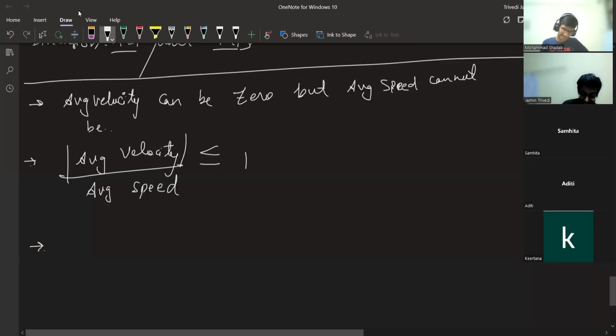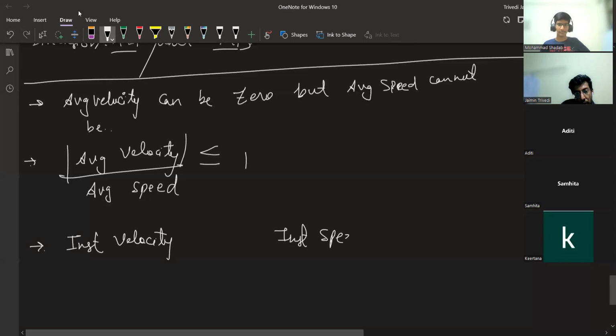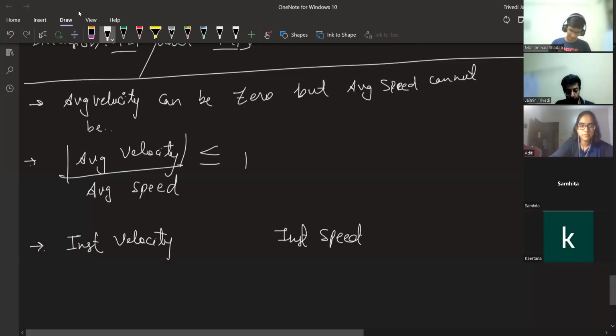What is this sign? Less than. So if I take the positive value of this one, will instantaneous speed and instantaneous velocity be equal? Possible, or always? Not always will it be equal.